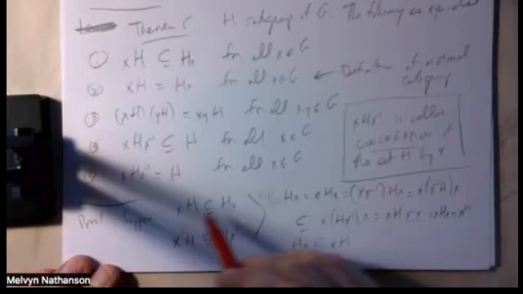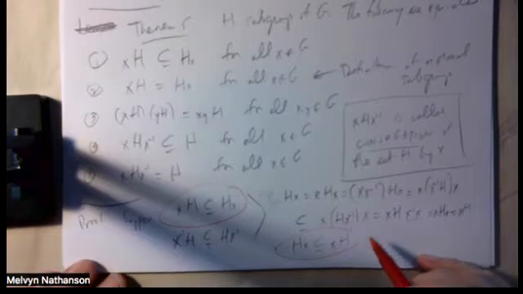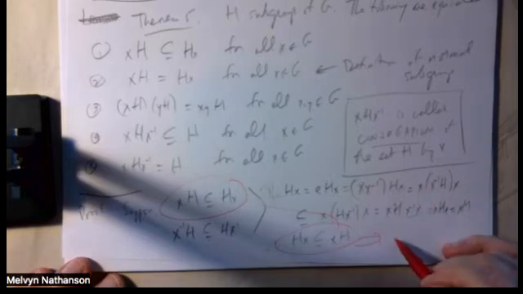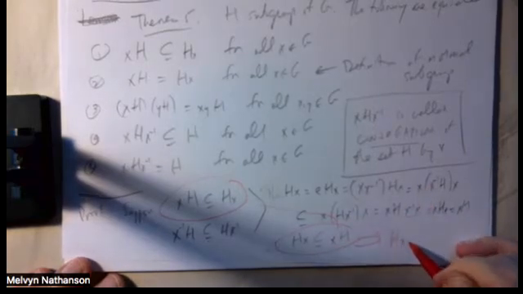So what I've just shown is that if the left coset is contained in the right coset, then the right coset is contained in the left coset. And if you have two sets and each is contained in the other, then the sets are equal. So that's a proof that 1 implies 2.